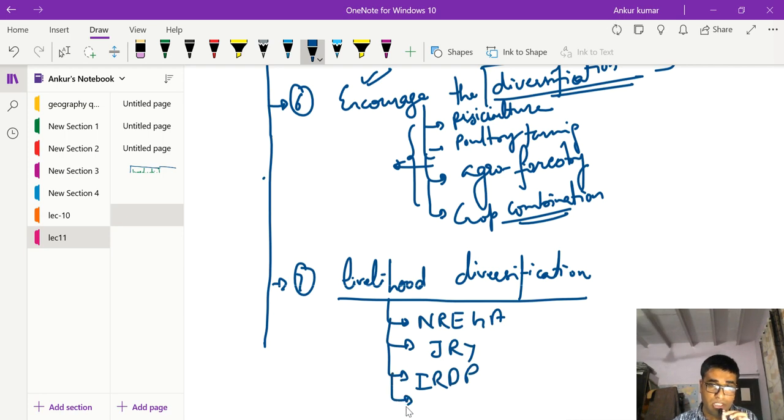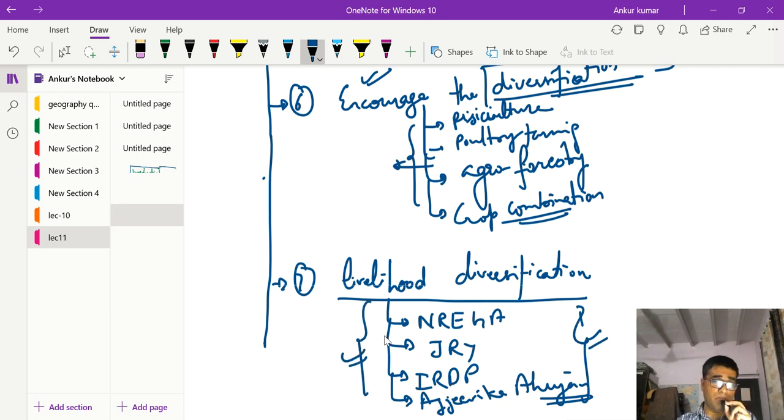So Ajivika Abhiyan, and there are a number of schemes of the government for rural areas in which the people of these areas can be engaged. So these are for the livelihood diversification, the schemes that I mentioned here.